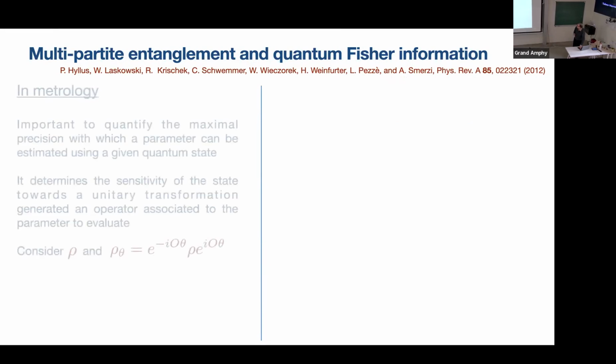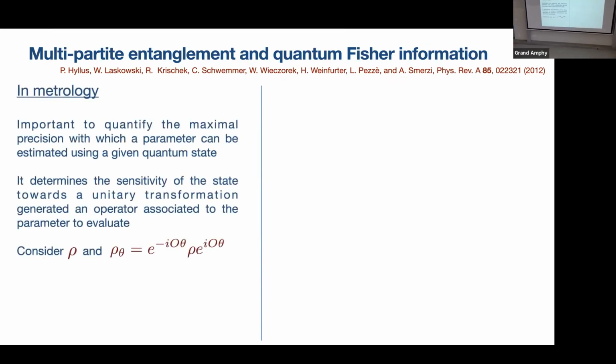Quantum Fisher information in metrology is related to estimation, and it quantifies how the state rho changes if you apply a unitary operator. So essentially it tells you how sensitive the state is to this unitary transformation.